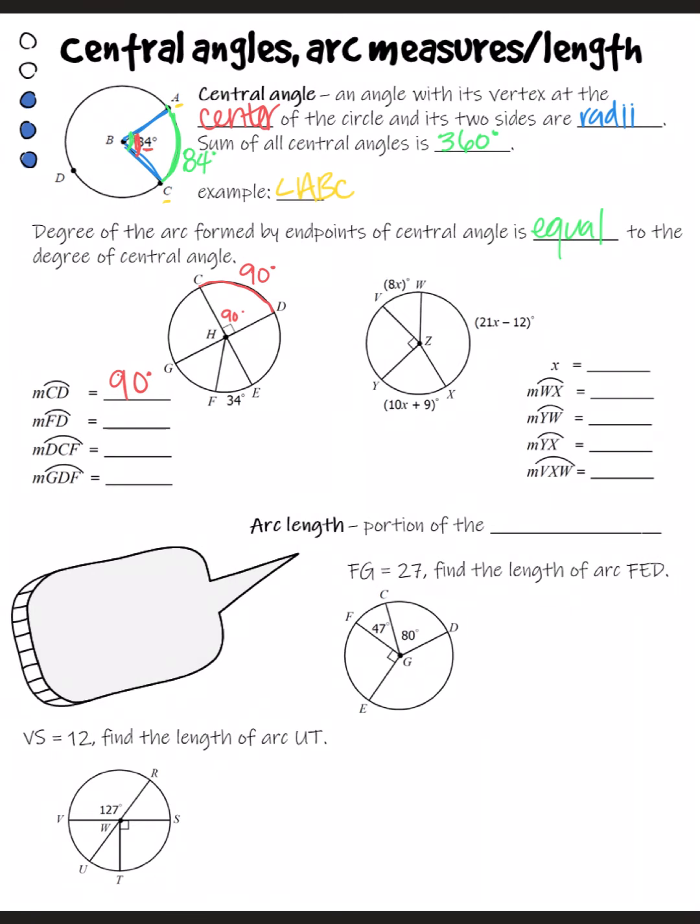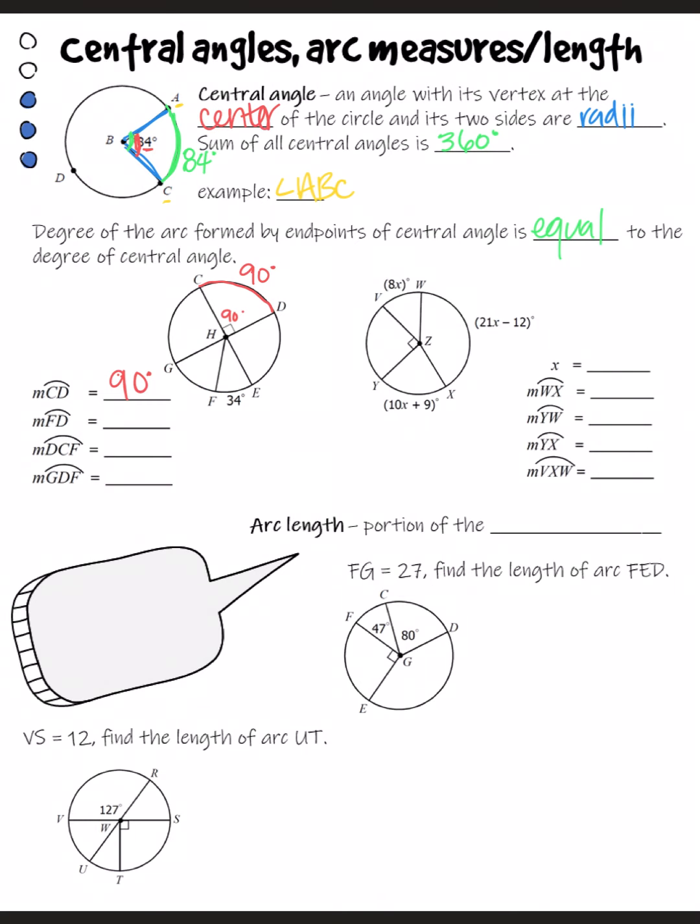Let me point out here, this little arc above the CD means that that's the arc we are talking about. Remember from our vocabulary that if it's two letters, then it is a minor arc, meaning it's below 180 degrees. And if it's three letters, then it is a major arc, and it is above 180 degrees.